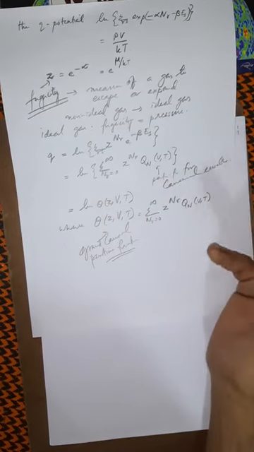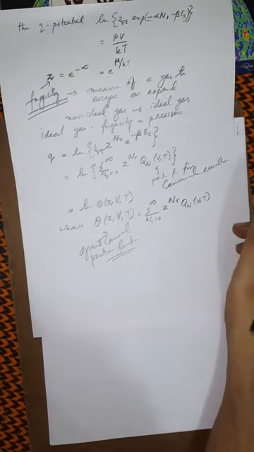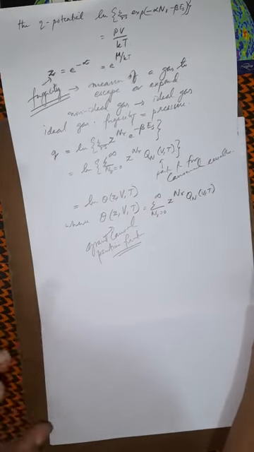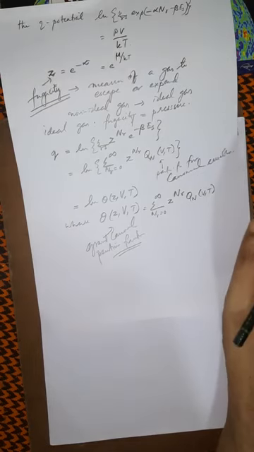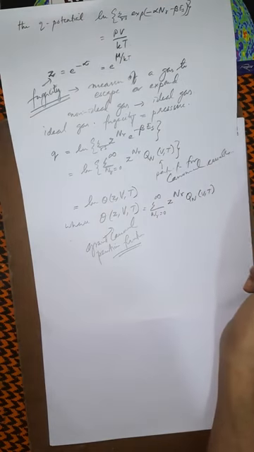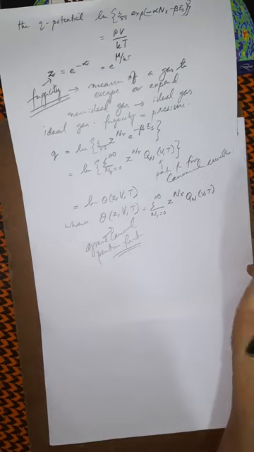The significance of a partition function and all those statements apply here also. I'm not repeating that. You can go back to the similar portion in the canonical ensemble and remind yourself.